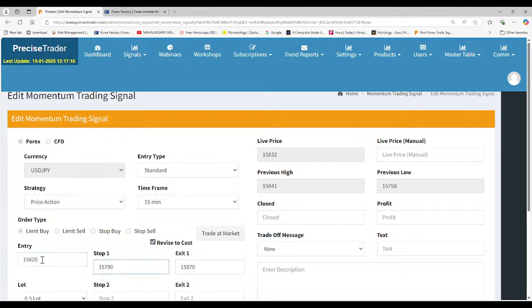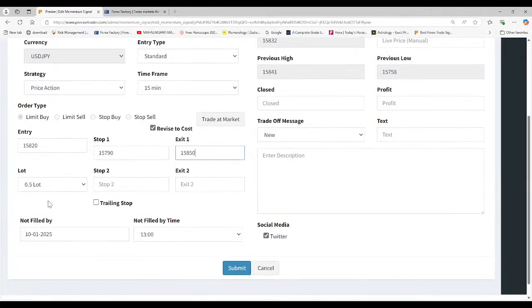Try to buy at 5820, stop at 90 and 5850. This is only about 30 pips, and I think this one will go on a half lot. And since we just revised it, previously we gave a time until 1, so now we give another 1 more hour.